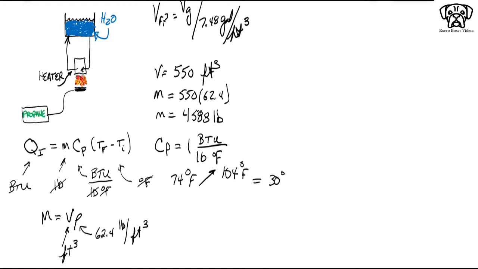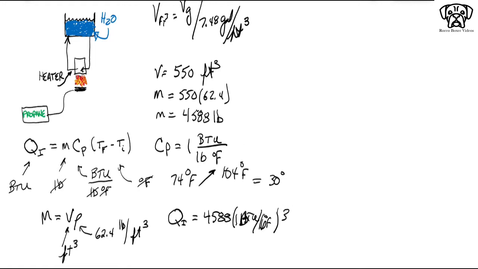So to find this Q ideal, we're going to take all these numbers, which is 34,320 times 1 BTU per pound F, times 30.